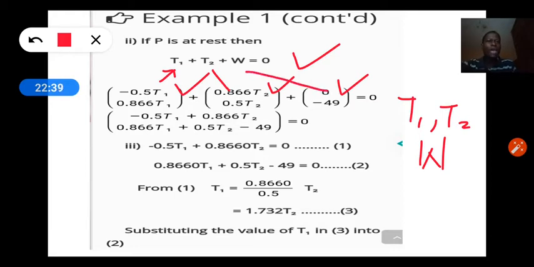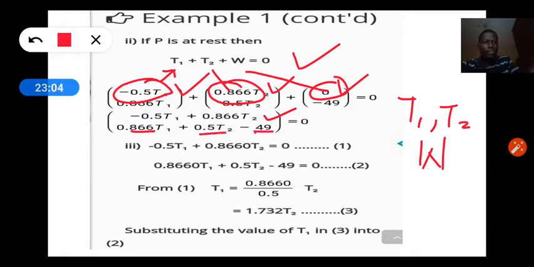So adding them component wise, the minus this plus the one at the top plus 0. Okay, you see that, add all the horizontal components together, add all the vertical components at the bottom together. All these ones, they are at the bottom. Okay, those are our vertical components. Add them together, equal to 0.